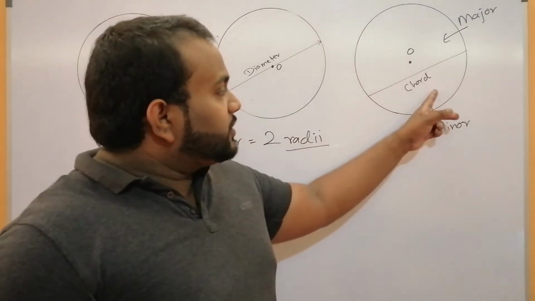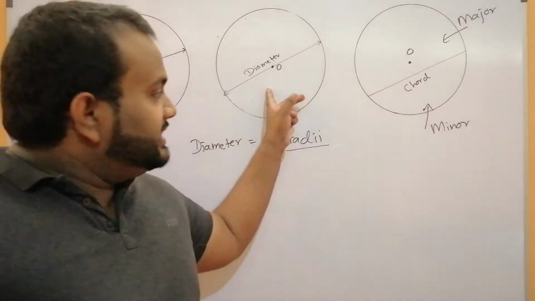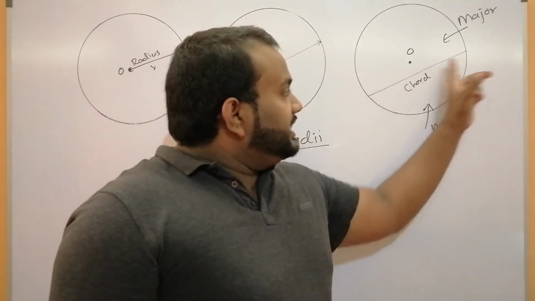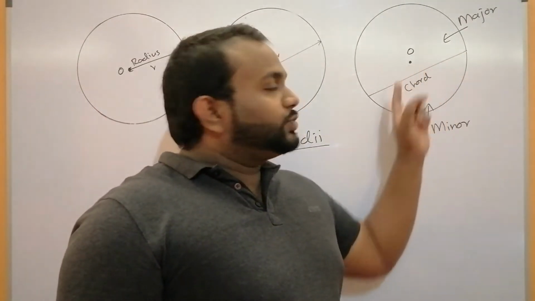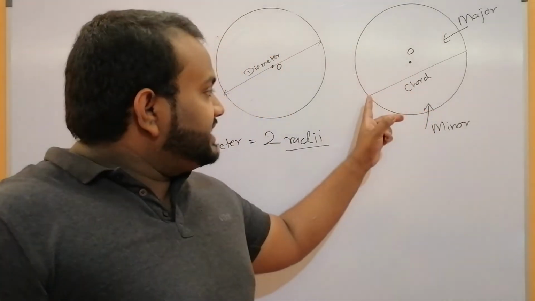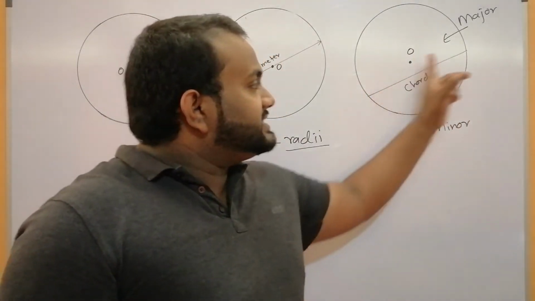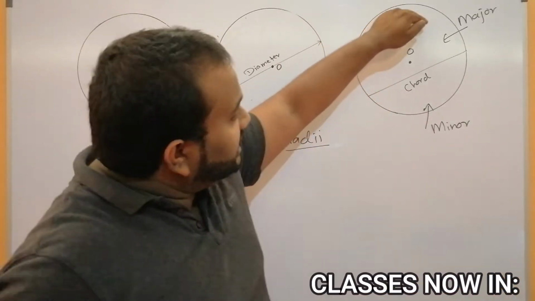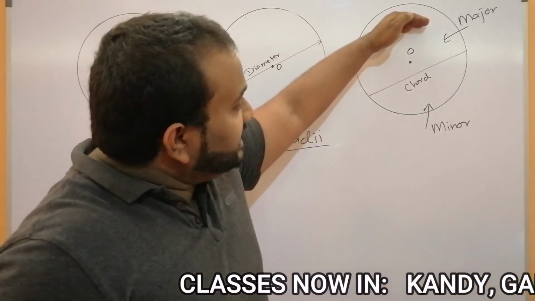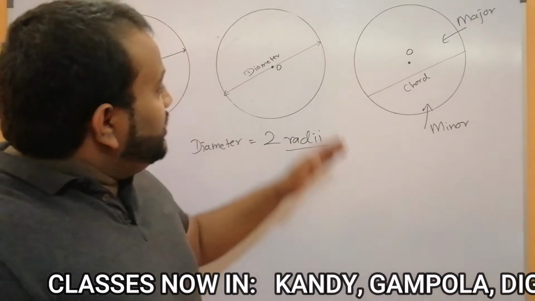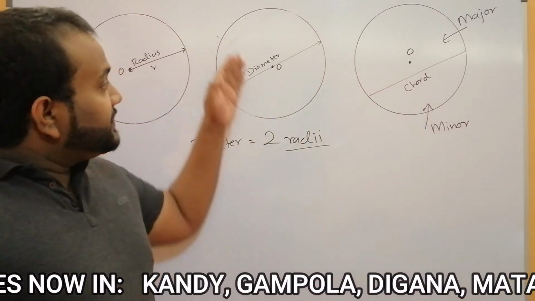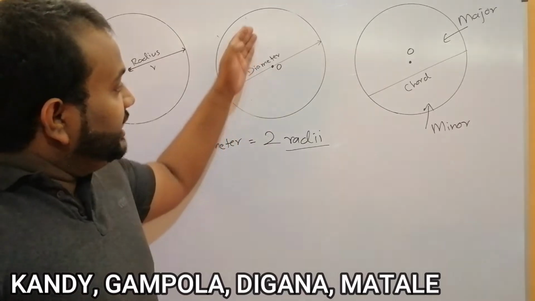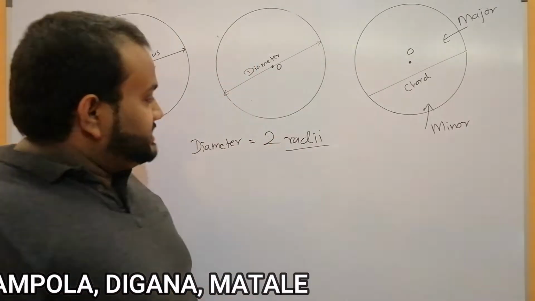The difference between the chord and the diameter is that the chord does not go through the center, but instead touches 2 points of the circle. The chord divides the circle into the major segment and the minor segment, whereas the diameter divides the circle into 2 equal parts.